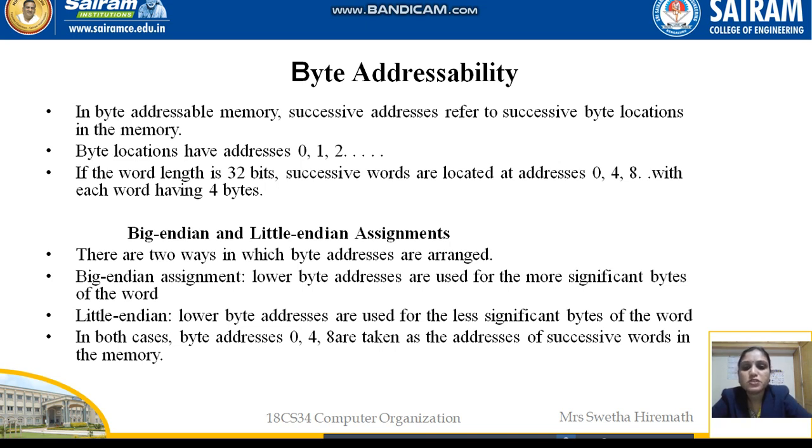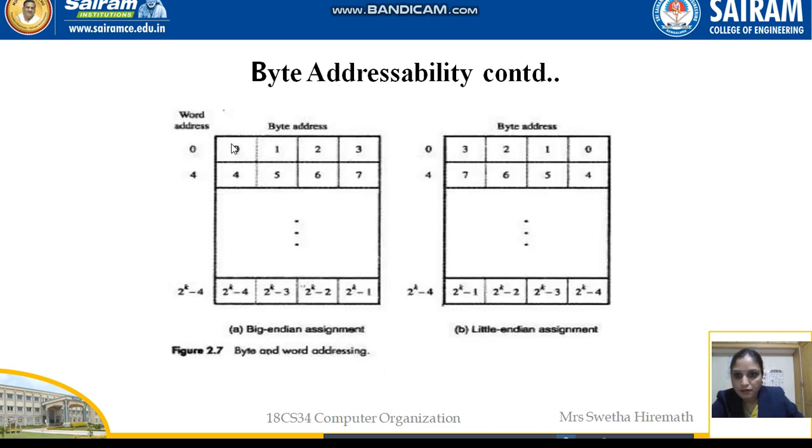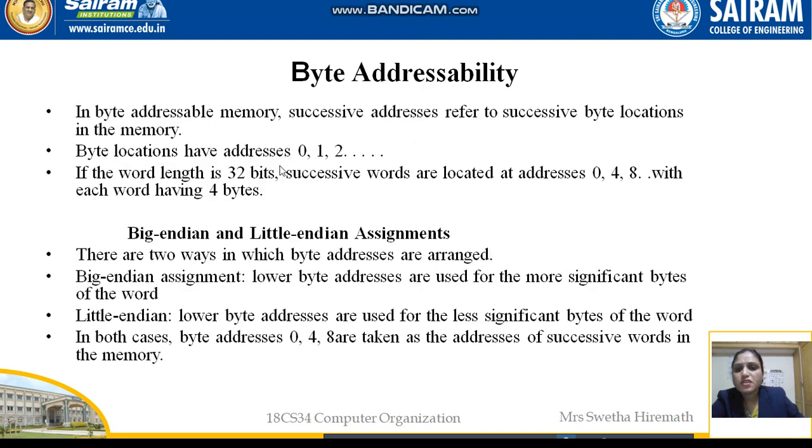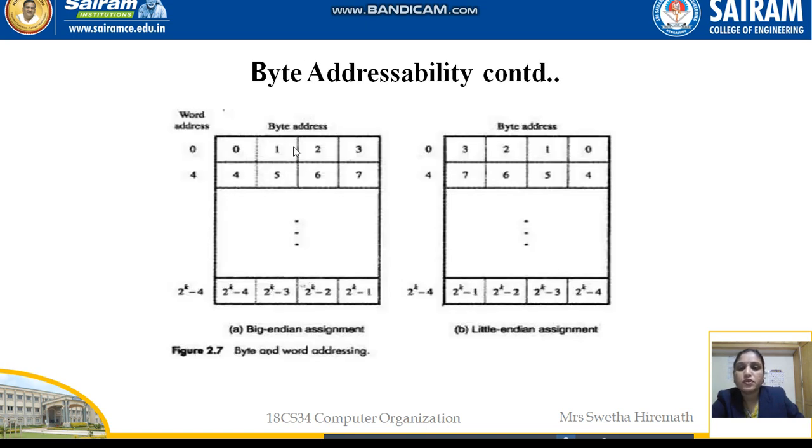Here there are two ways in which byte addresses are arranged. Big endian assignment means lower byte addresses are used for the most significant bytes of the word. So here you can see the most significant byte and the least significant byte. Here 0 will be the most significant byte, 0, 1, 2, 3, then 4, 5, 6, 7.